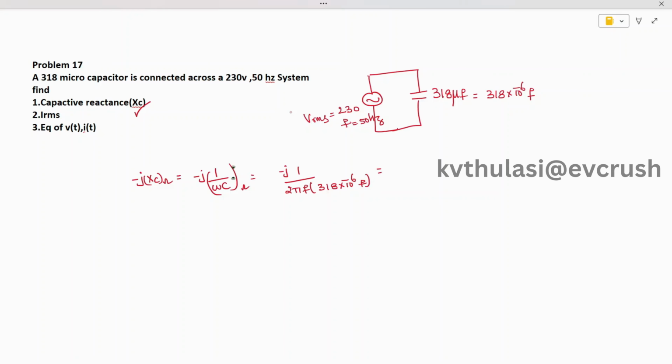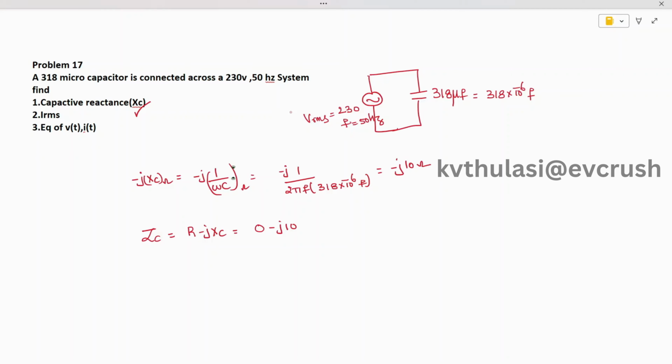If you substitute, the value works out to 10 ohm, so you have minus j10. Therefore the capacitive impedance is given by R minus jXC, where R is equal to 0 and minus jXC is minus j10 ohms.